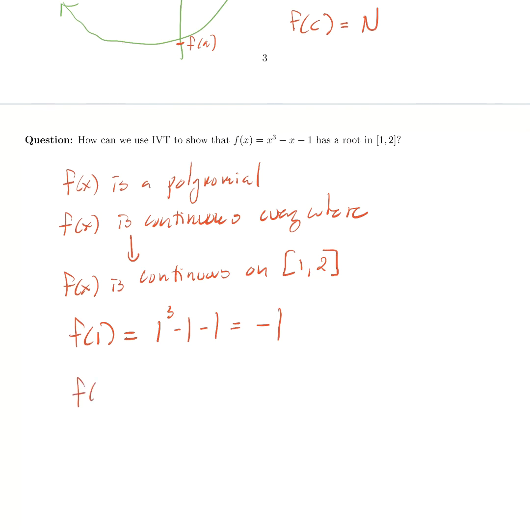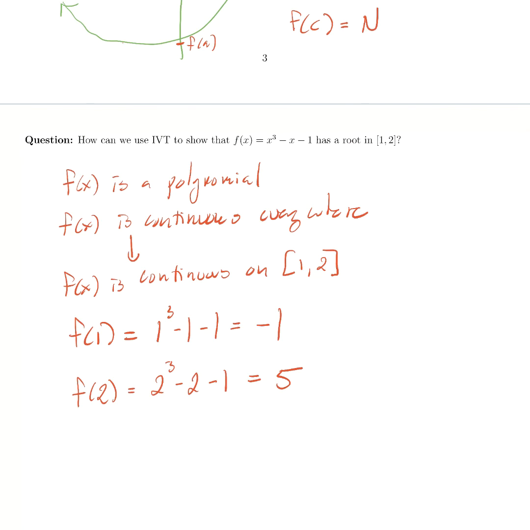Okay, f(b), but b is being played by 2, is 2 cubed minus 2 minus 1, which is 8 minus 2, which is 6, minus 1 is 5.